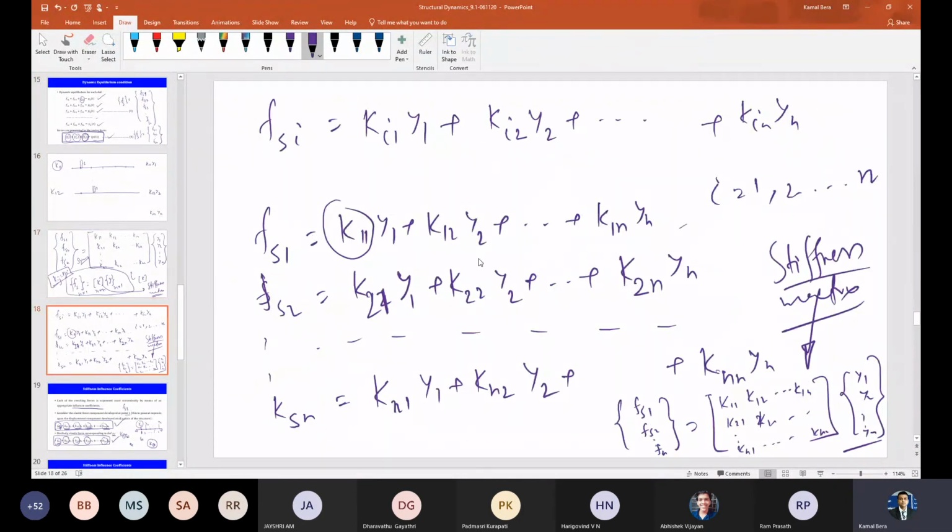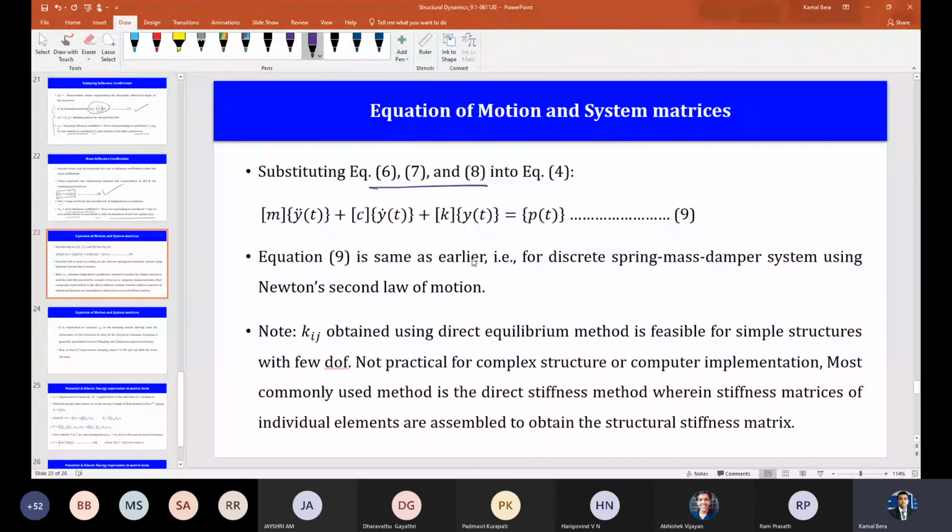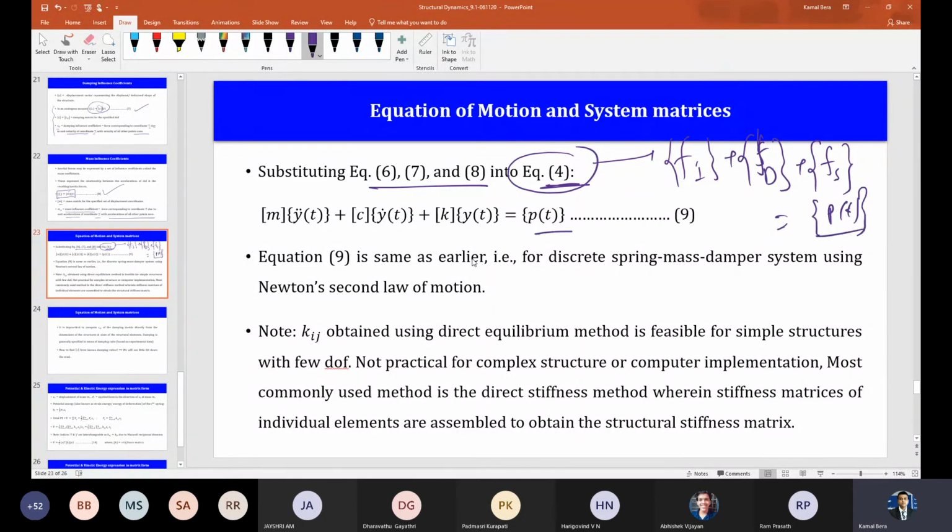Are you getting my point? I substitute these 6, 7, 8 in equation 4. Equation 4 is what? Fi vector plus Fd vector plus Fs spring vector is equal to the vector of the external forces, right? So the right-hand side is as it is. Now Fi is what? Mass matrix into y double dot.